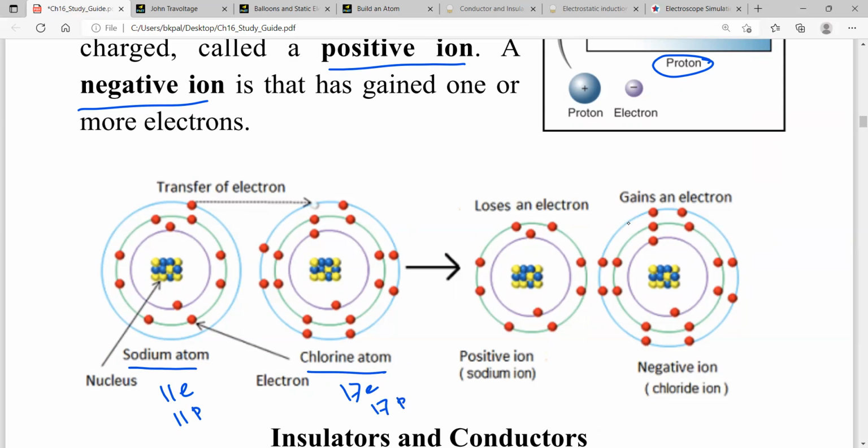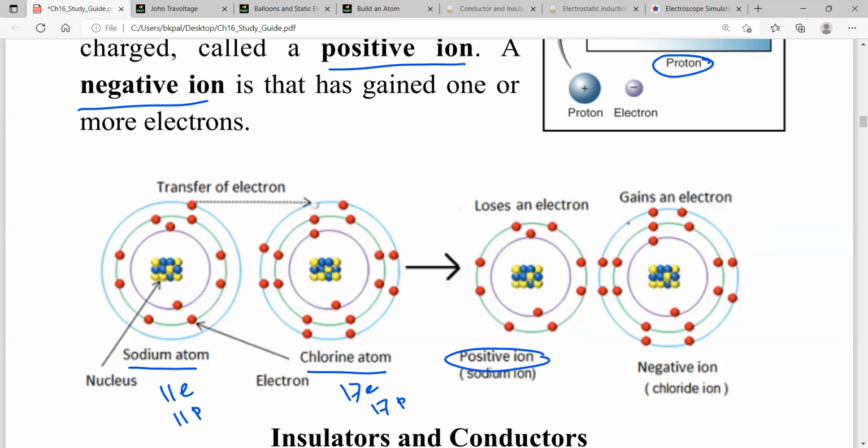So when you mix them to make sodium chloride, or table salt, basically sodium donates one electron to the chlorine. So sodium donates one electron and chlorine gains that electron. When sodium loses the electron, it becomes a positive ion, because now it has more positive protons than negative electrons.